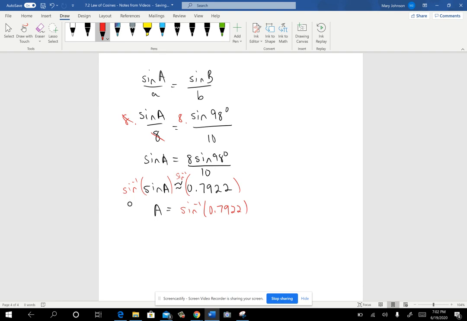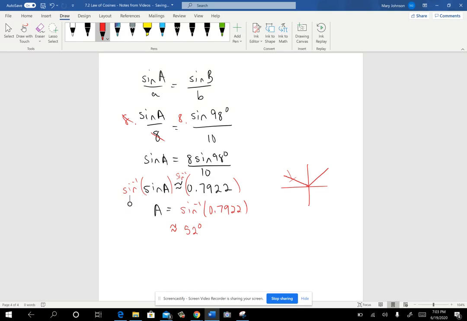You sometimes have to check, remember, whether you need the angle in the first quadrant or the angle in the second quadrant that would have that same sine. We just don't have to do that here because we already got the biggest angle out of the way. Okay, so when I do the inverse sine of that, I get that A is about 52.39, so we'll just round it down to 52 degrees for angle A.